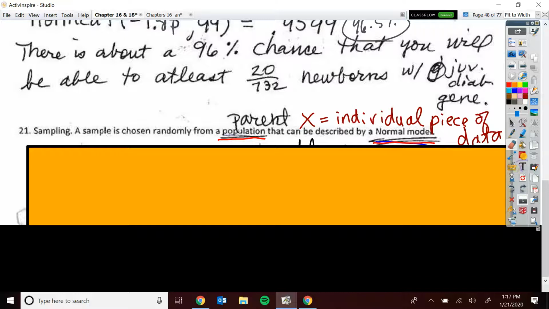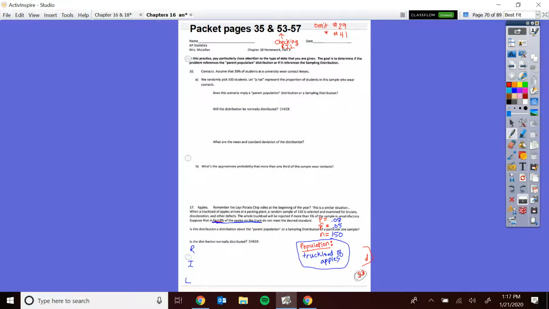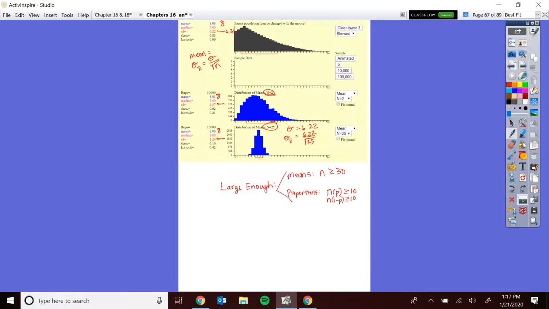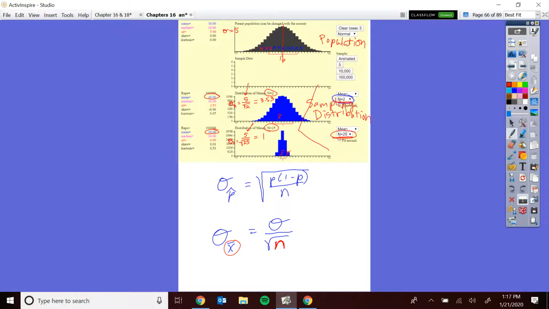Ones that are underlined. Man, you are just a genius. Okay, yes. So the things that you should hone in on when you read something like that is, number 1, they're telling me the population is normally distributed. If they're telling me that, then my brain should be thinking of this situation right here.